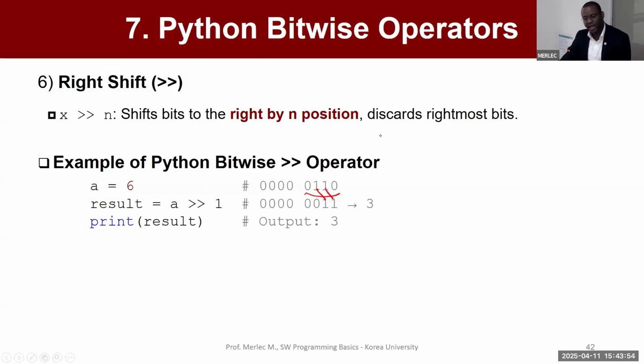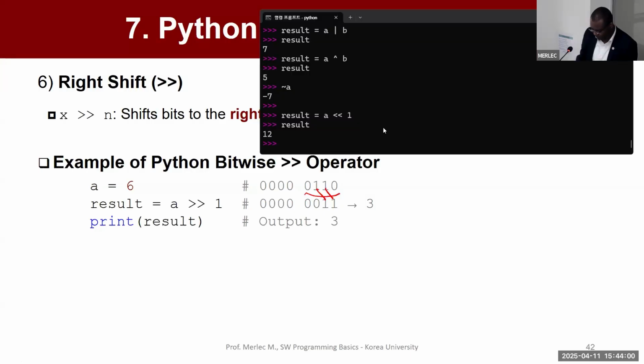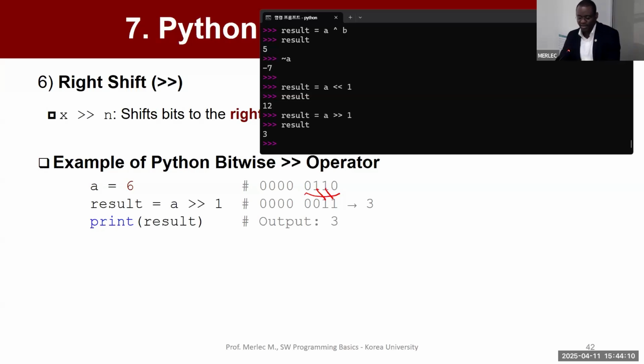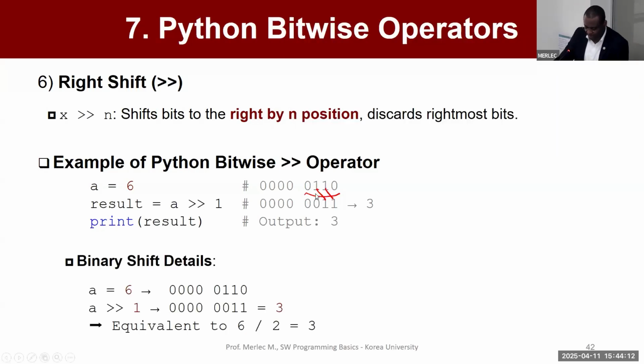Compared to the left shift, where I shift from the right to the left, in this right shift, I shift from the left to the right. Okay. This time, I do this, then the result will be 3. Okay. I hope it's clear for you.